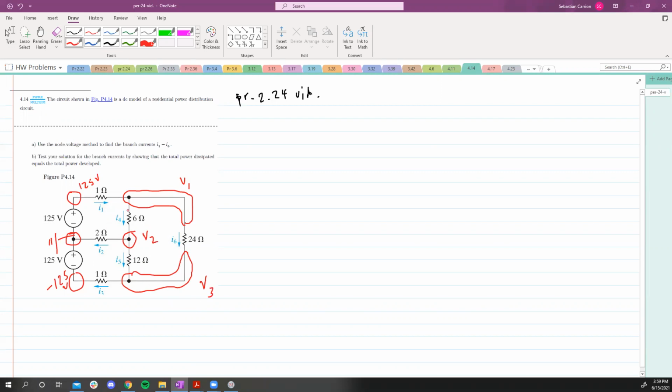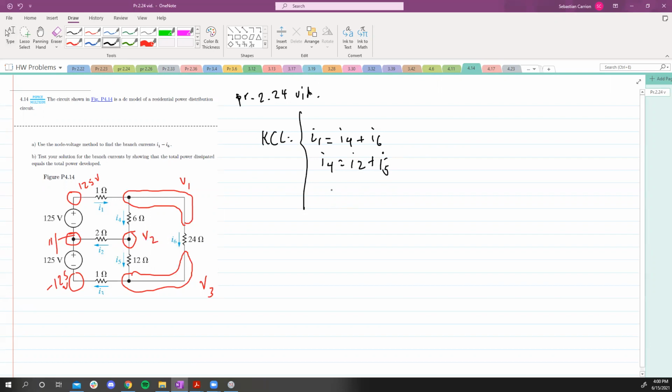Okay, and we already have our KCL labeled, so I'm gonna go ahead and write the KCL. You know that I1 equals I4 plus I6, I4 equals I2 plus I5, right?